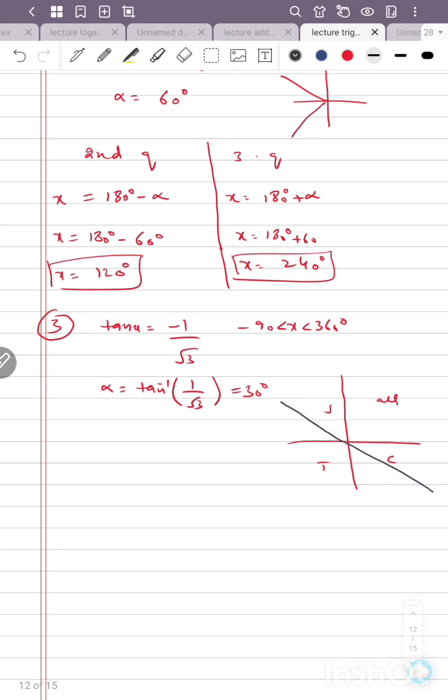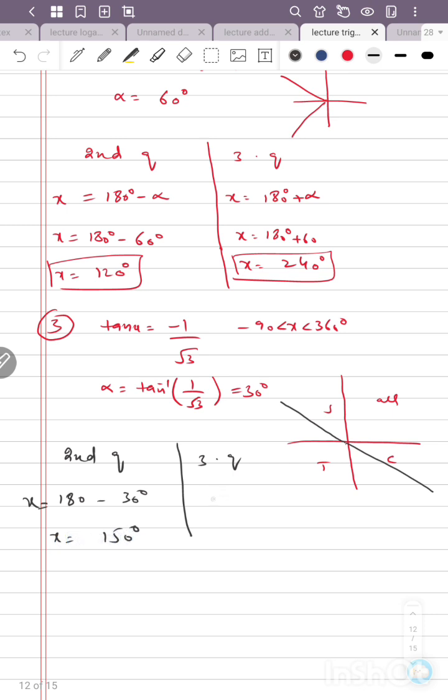Okay, dear friends, move forward. How do we solve this question? For the second quadrant we write x equal to 180 minus 30 degrees, it will be 150.